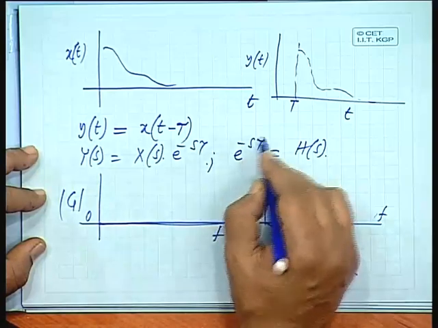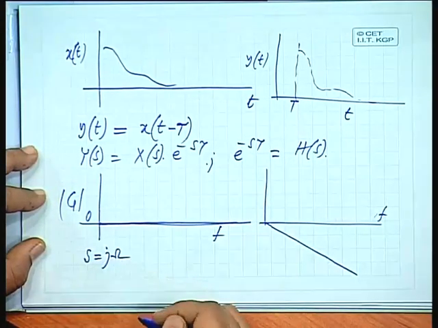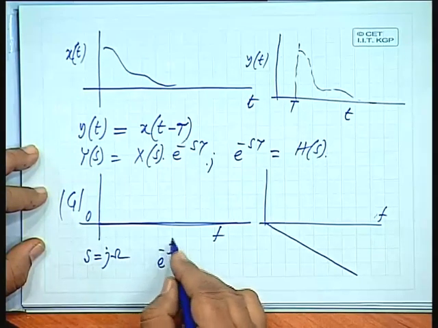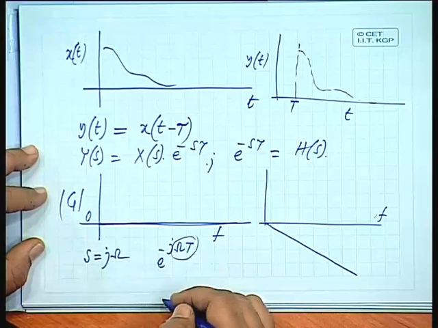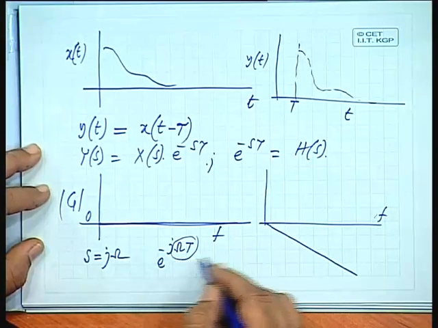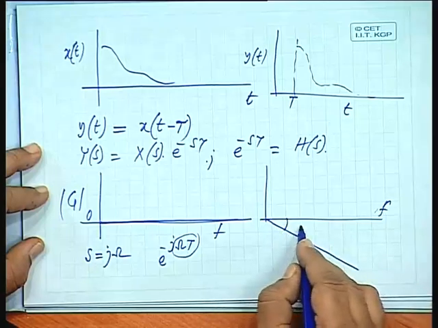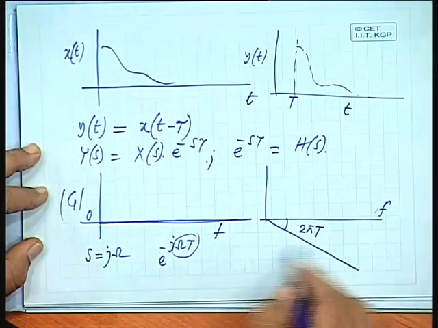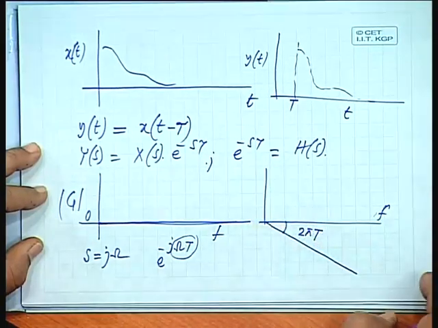So phase is minus omega tau, and omega is 2 pi f. So in terms of f, it has a slope of 2 pi into tau, this is a slope. Okay. So, you get a linear characteristic.